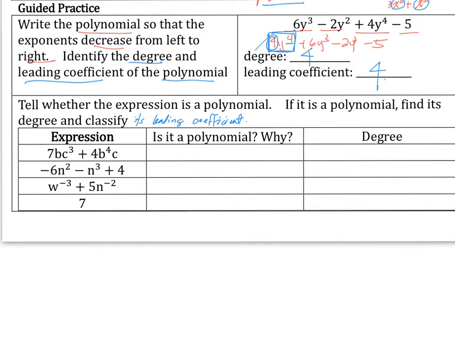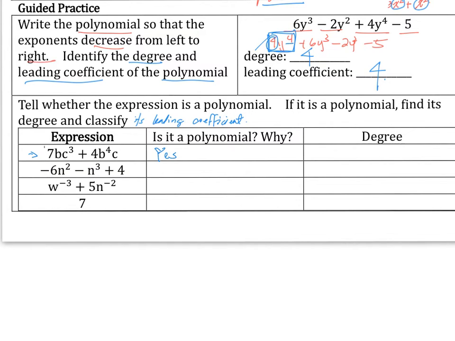Now here we are to tell whether the expression is a polynomial. If it is a polynomial, find its degree and classify its leading coefficient. Is this a polynomial, the first one? And why? I would say it is. Yes, because we don't have a negative exponent, we don't have a variable in its exponent, and we don't have a variable in its denominator.